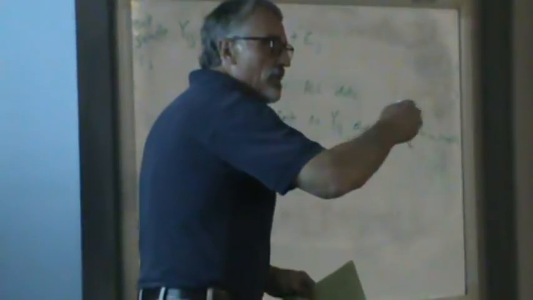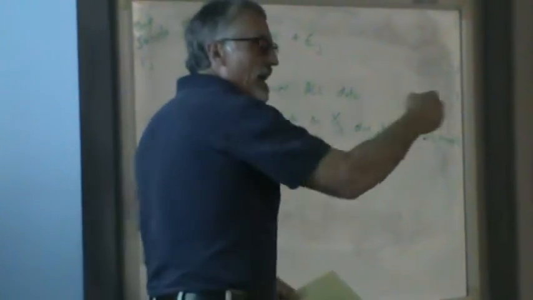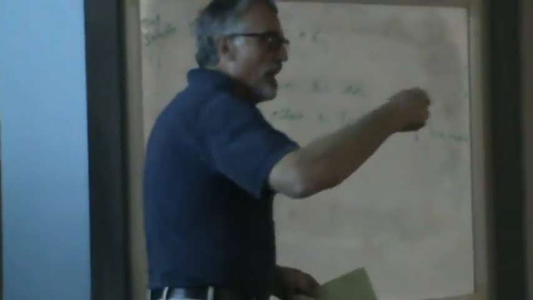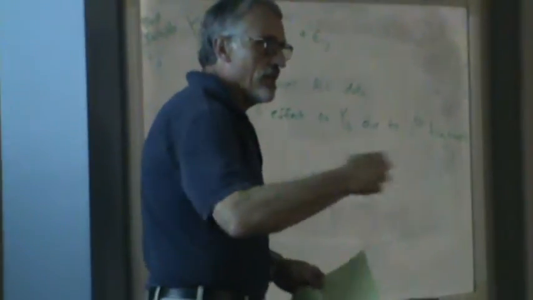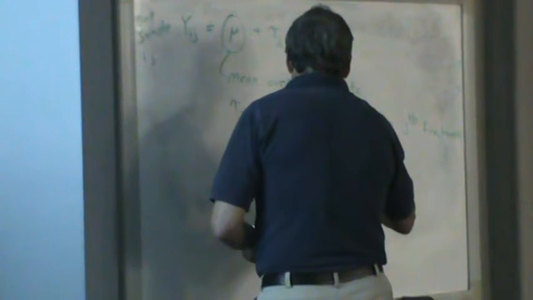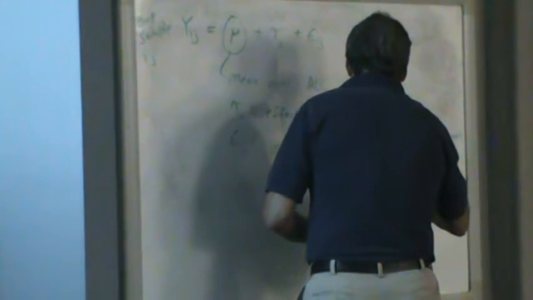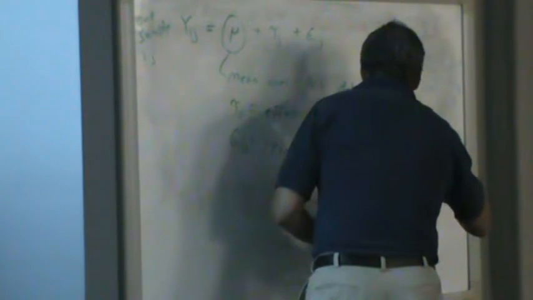Correct? Because data point Ij was in the jth column, the ith row, and the I is just a counter for the sample. One house, two house, three house, four house that had 8 inches of insulation. And then the epsilon Ij is the random error for the I sample.